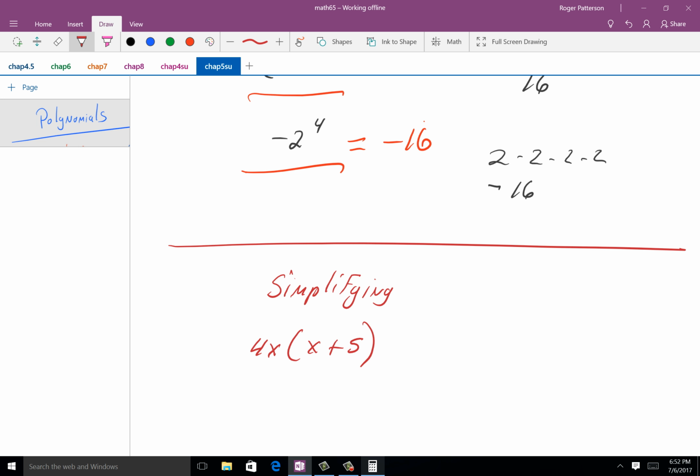Okay, so this would be considered a monomial and a binomial, but you're just going to simplify them. The idea here is you just want to distribute this inside. Again, this is probably something that you did in Math 60, so that'd be 4x squared plus 20x. All right. You can't combine those because the terms are not like, so that problem's done. All you're doing is just distributing that inside.